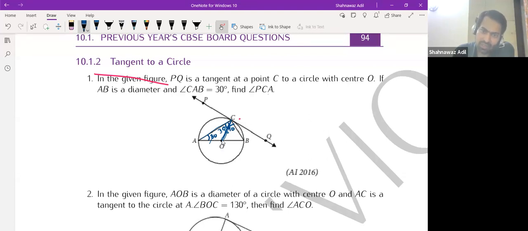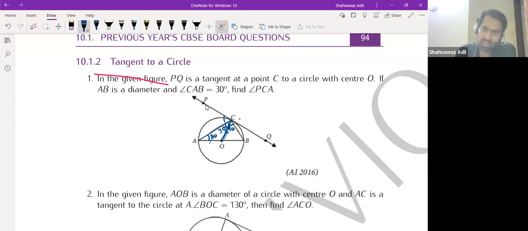Now OC is a radius and PQ is a tangent, and we have to find PCA. So how much would this PCA be? Okay, let me rephrase the question.